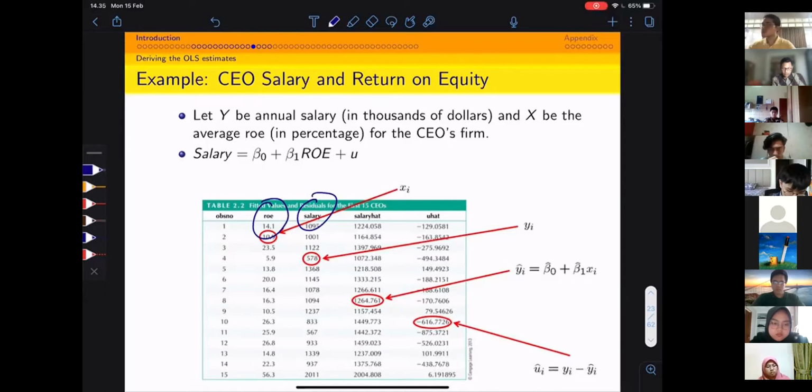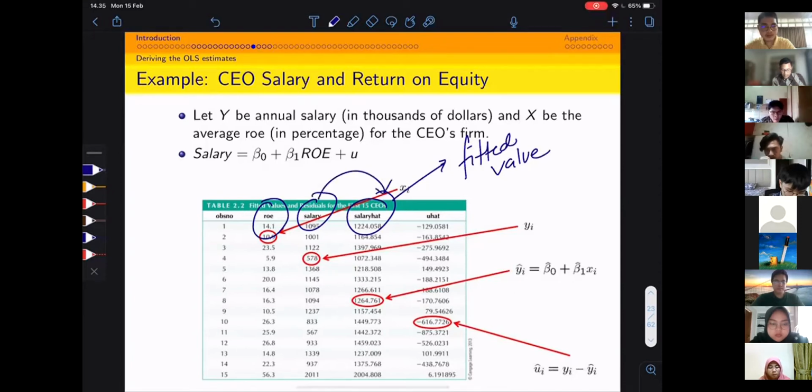Given the estimated beta 0 hat and beta 1 hat, we have the salary hat, which is the fitted value or the predicted value. The difference between salary and salary hat is u hat, which is called the residual.